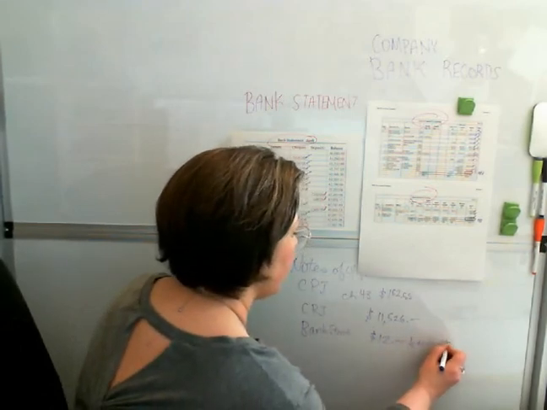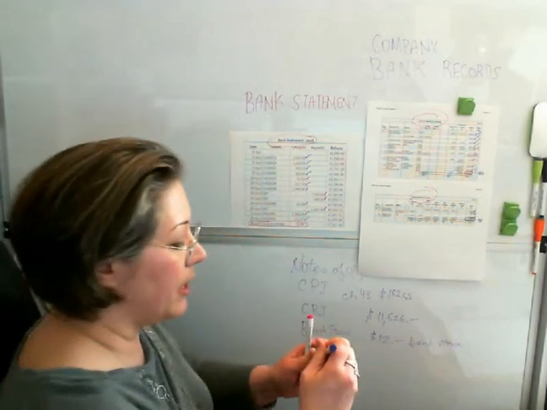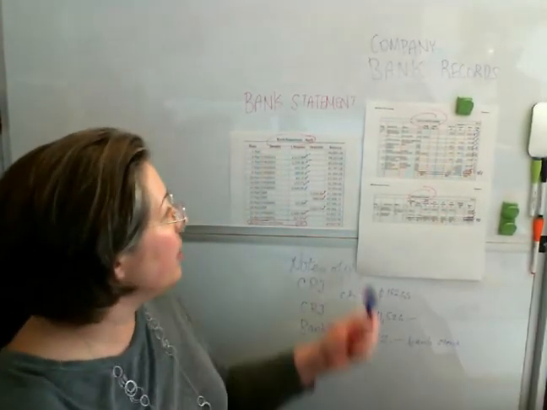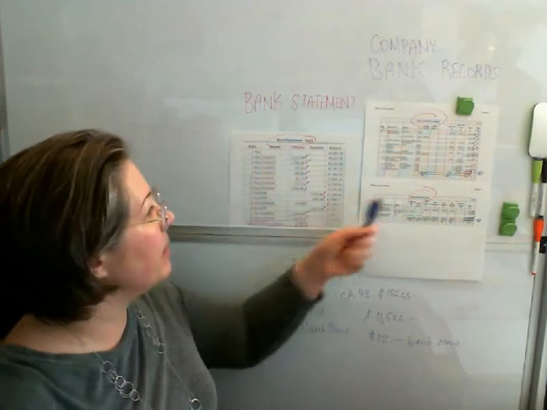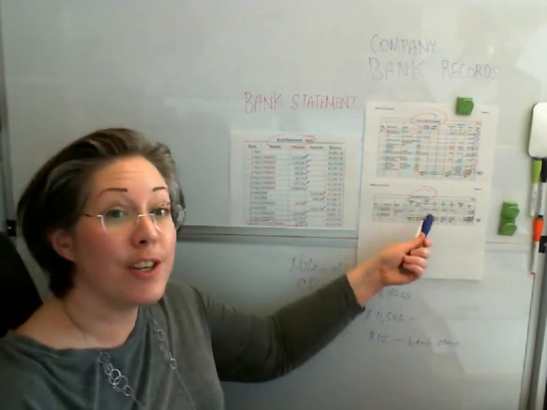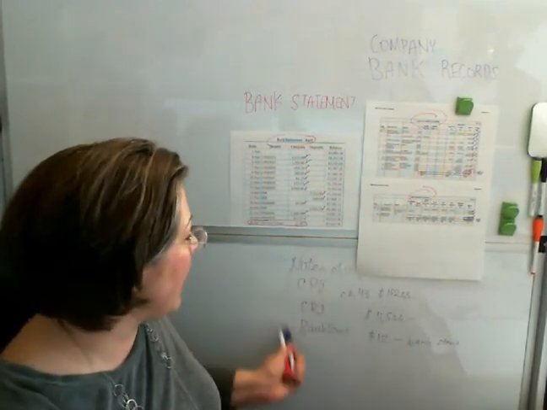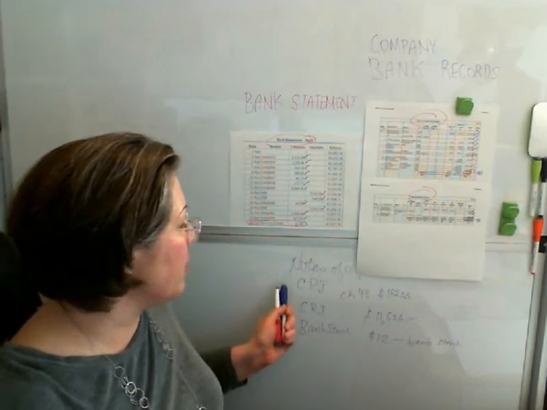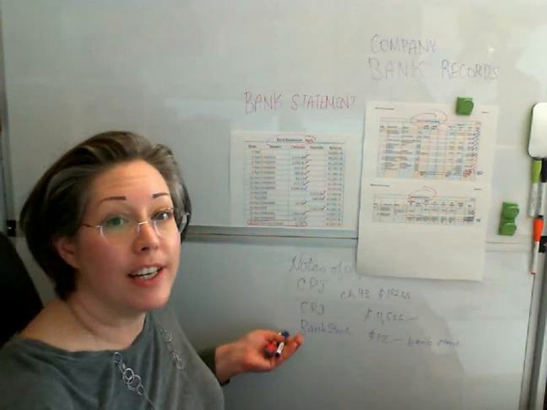So that's the three pieces, that's the three documents that you need in order to do your bank rec for KBC. You just need your bank statement for the month of April, your cash payments journal, and your cash receipts journal. And then you need to have a notepad, a piece of scrap paper that you're making your notes on, so you have your notes of your outstanding transactions.